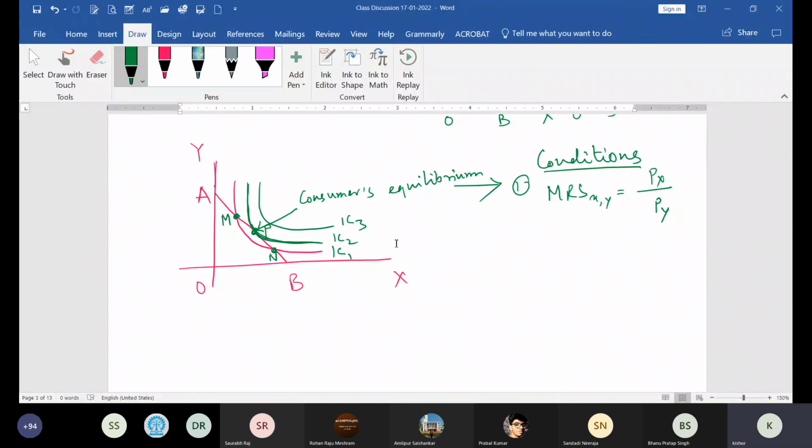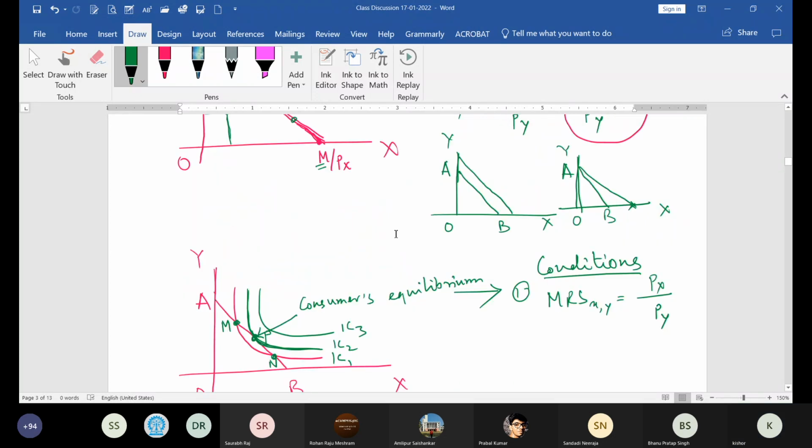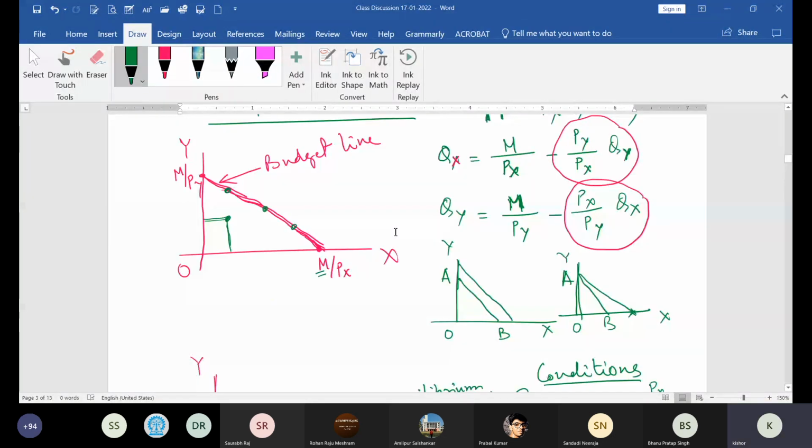Now the necessary condition or first order condition is that MRS equals PX by PY. MRS is the rate at which one commodity is substituted by the other, delta Y by delta X. And what is PX by PY? Not simply price.